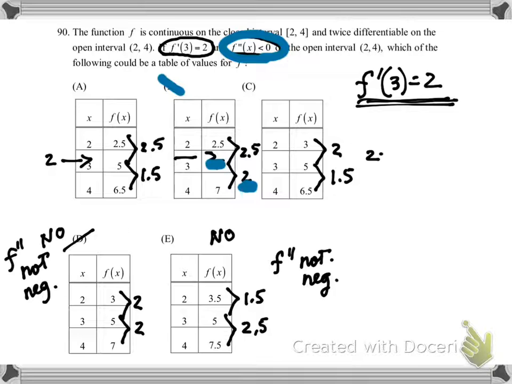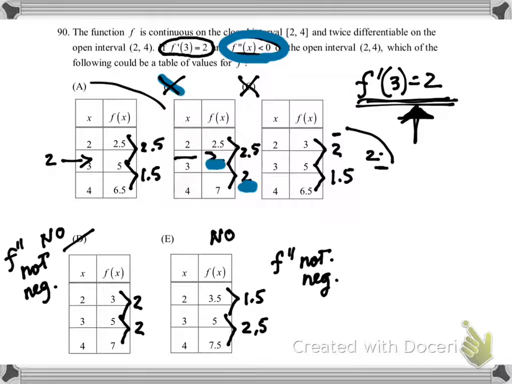It's not going to be decreasing, because you have a 2 slope here from 2 to 3, and then at 3, the slope is again 2, because they tell us that the slope at 3 is 2. So that means it was not decreasing at that moment. So this is again a no. F double prime is not negative here, and here F double prime is also not negative.